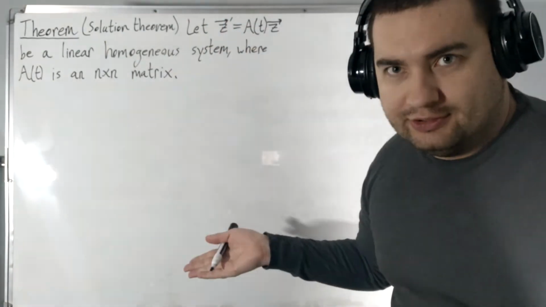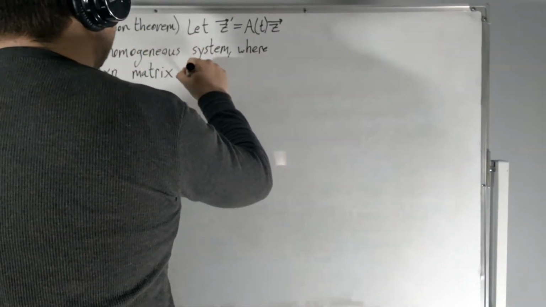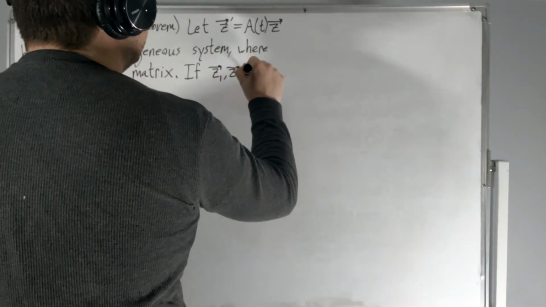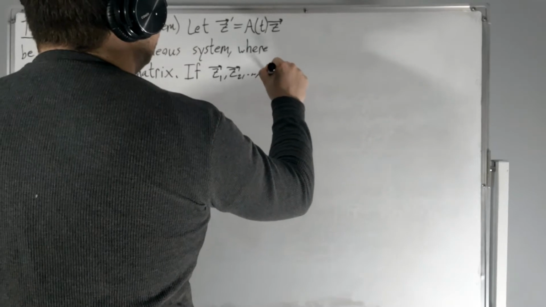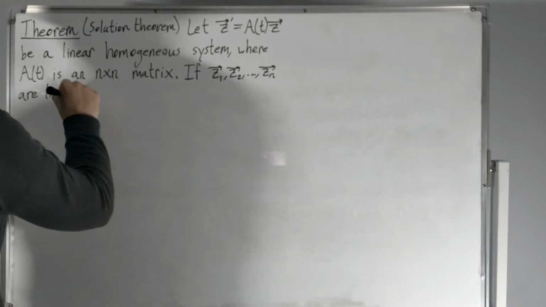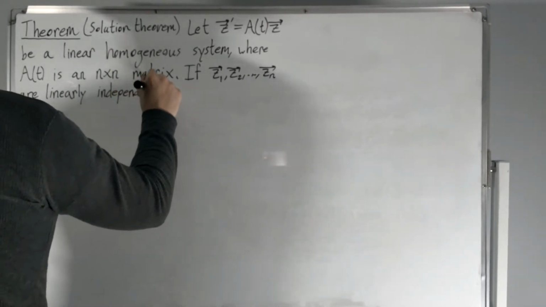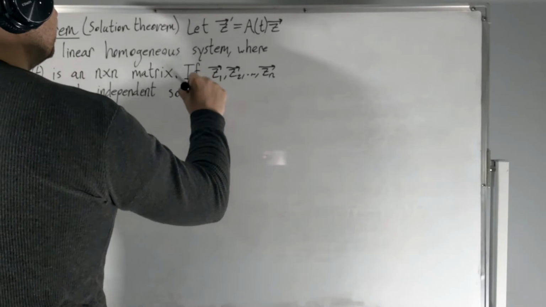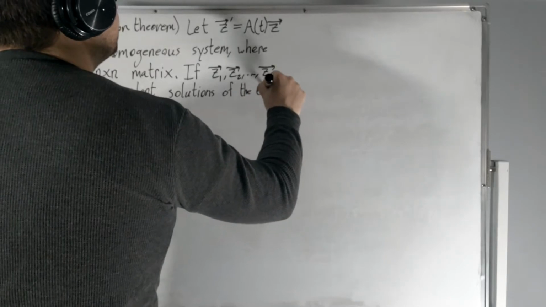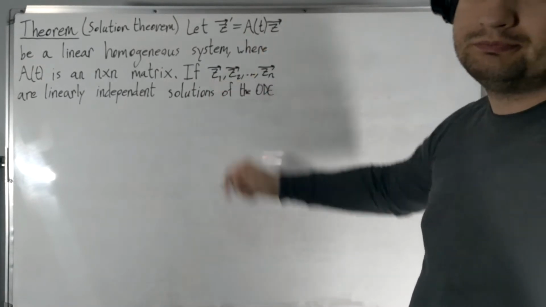So here n is some positive integer, of course. If z1 vector and z2 vector and dot dot dot all the way up to zn vector are linearly independent solutions of the ODE, which just means that when you take the derivative of this, you get the matrix times this.